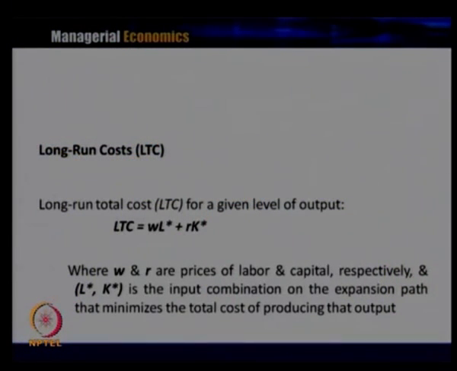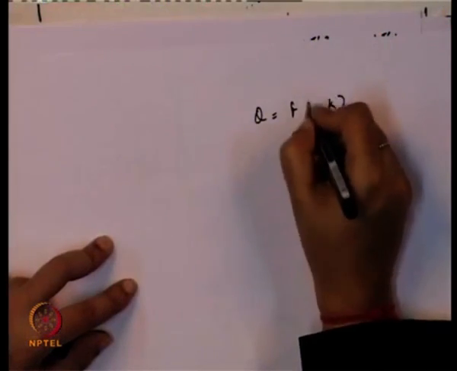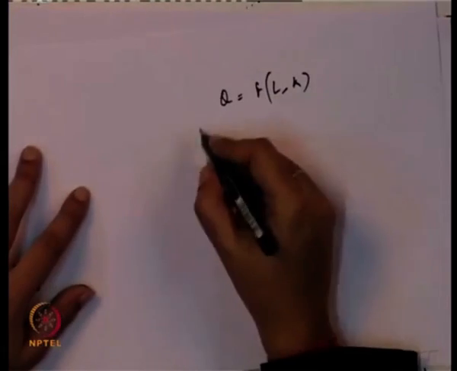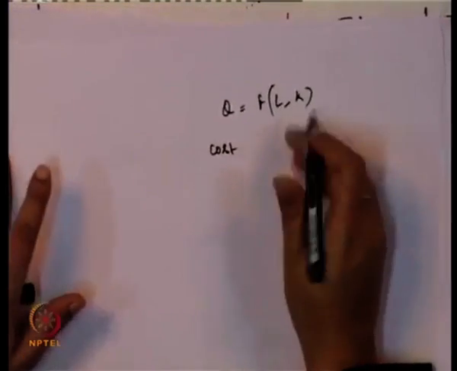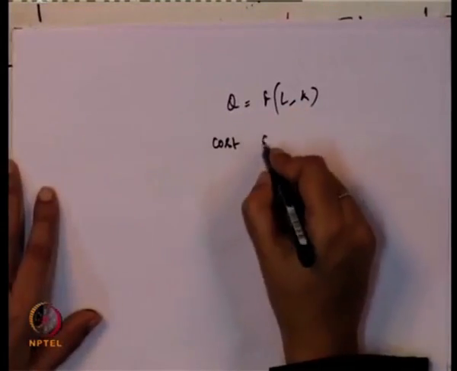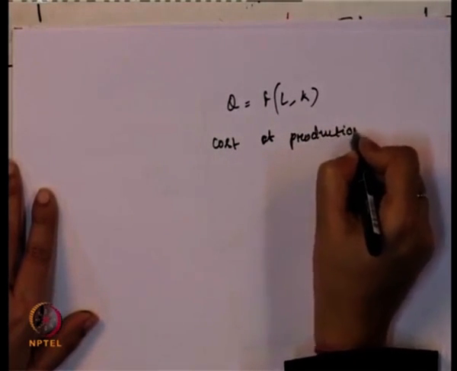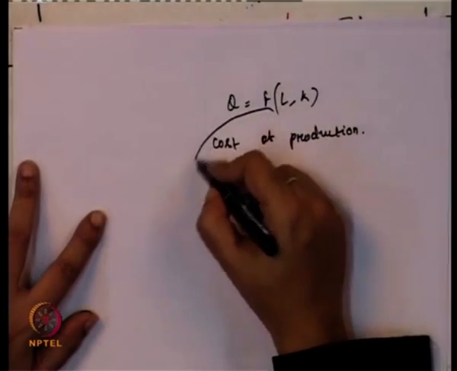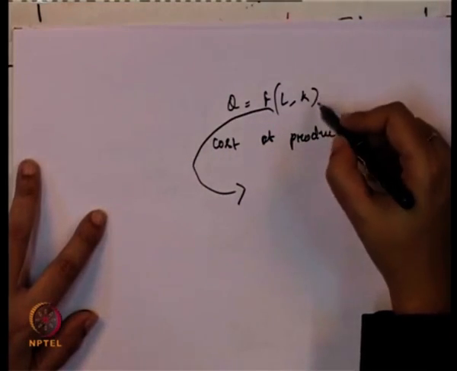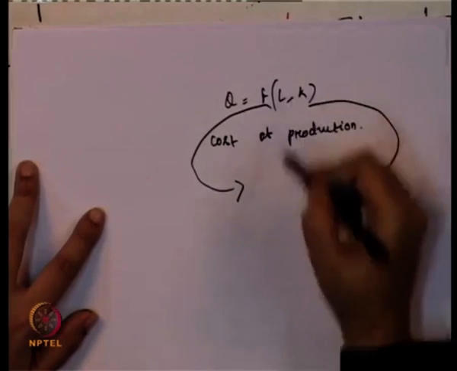Then when it comes to formalizing the long run total cost curve, till now we are assuming that the cost curve altogether is Q as a function of labor and capital. When it comes to cost of production, what are the expenses the firm incurs when producing a product? So, the major expenses come from the inputs to produce the product, that is labor and capital.